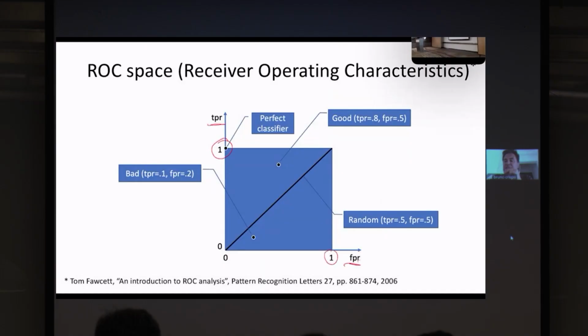While this is a very bad one, if you have FPR equal to 1, because it means that it always issues false positives. This is the one that always raises false alarms. This is the one that never raises an alarm.